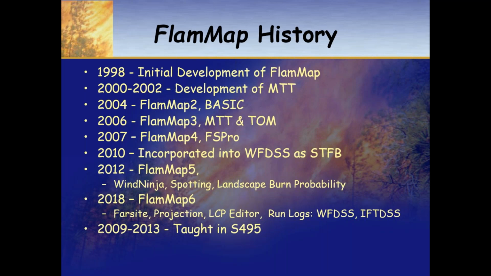So we were doing all of that in FlamMap 4, which was never formally released to the public. Three years later, we incorporated it into WFDS as short-term fire behavior, so minimum travel time. And in 2012, FlamMap 5 was released, and that included WindNinja and spotting and landscape burn probability modeling.